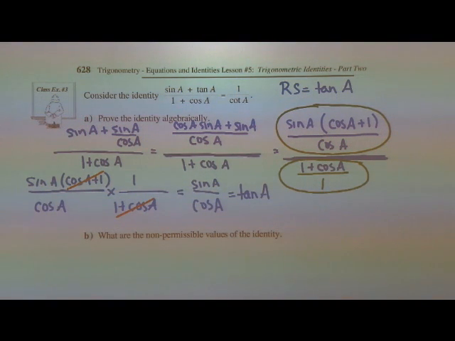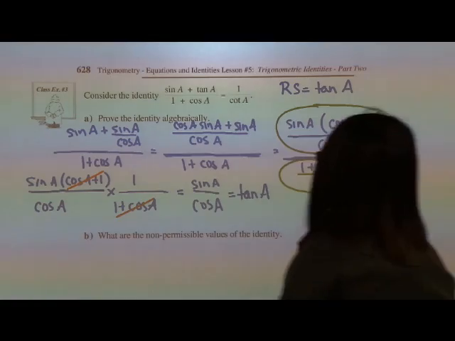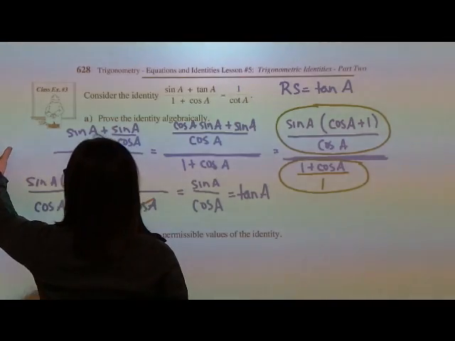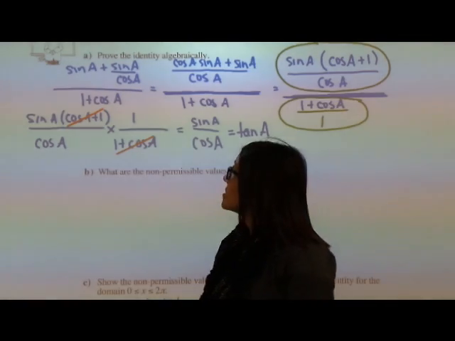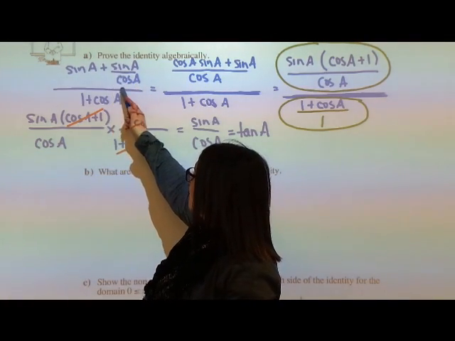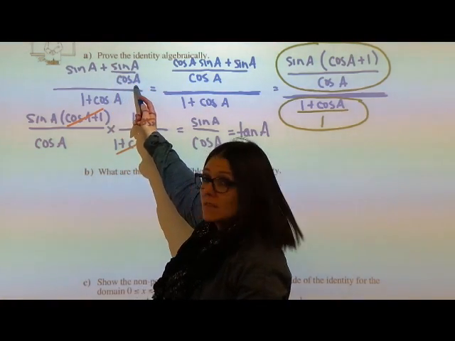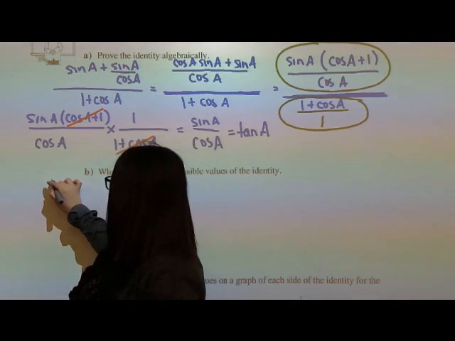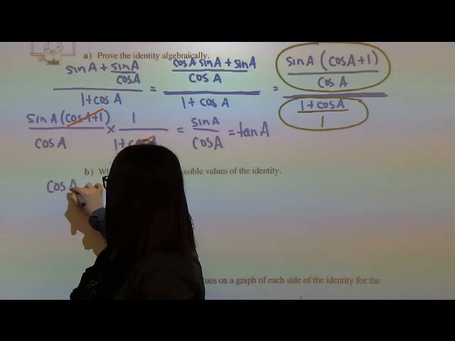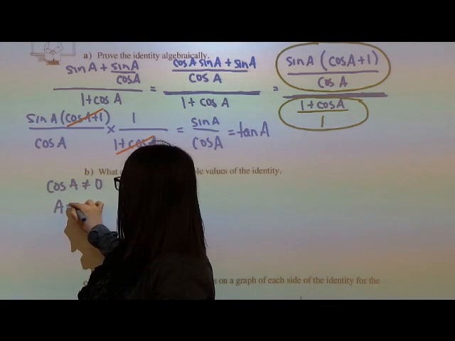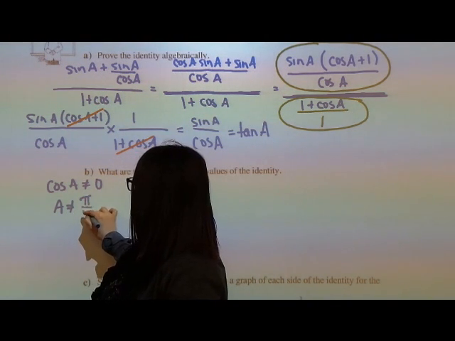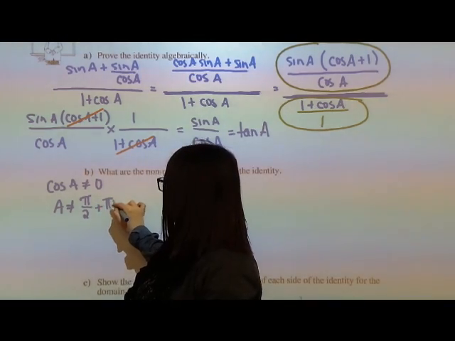Okay. Now, question B says, what are all the non-permissible values? So let's look at denominators. First of all, I've got this denominator right here, cos A. So cos A can't be equal to 0, which means that A can't be equal to pi over 2 plus multiples of pi.